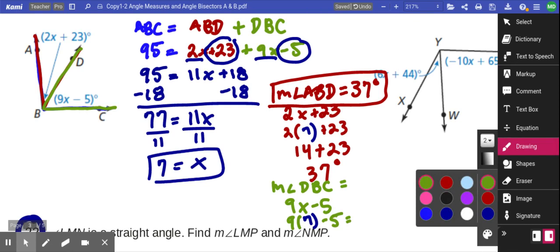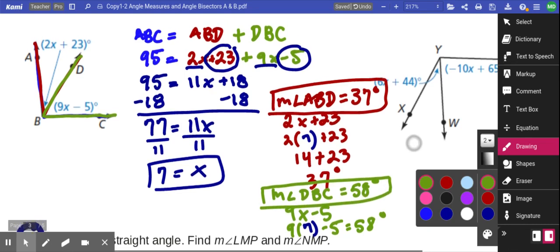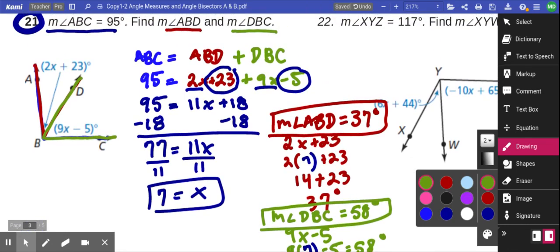Nine times 7 is 63. Take away 5 is 58 degrees. So answering this question, we found x in order to find the measure of angle ABD and the measure of angle DBC.